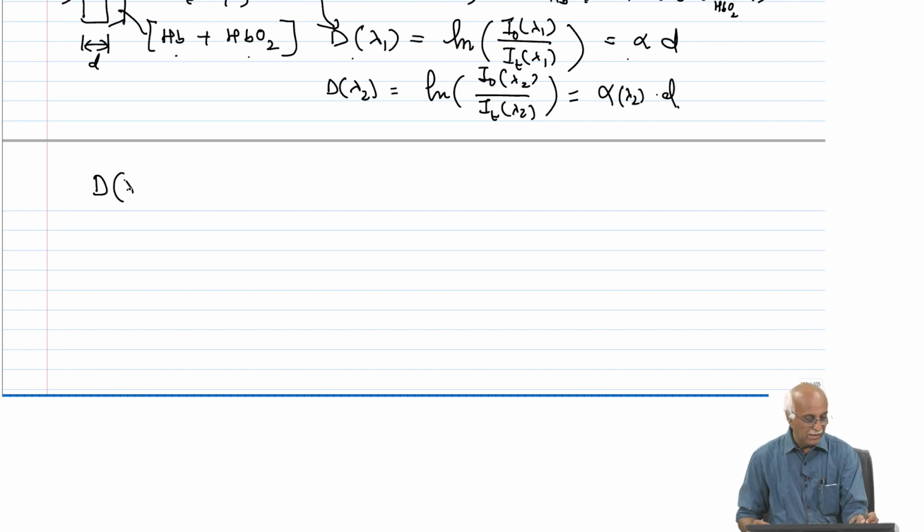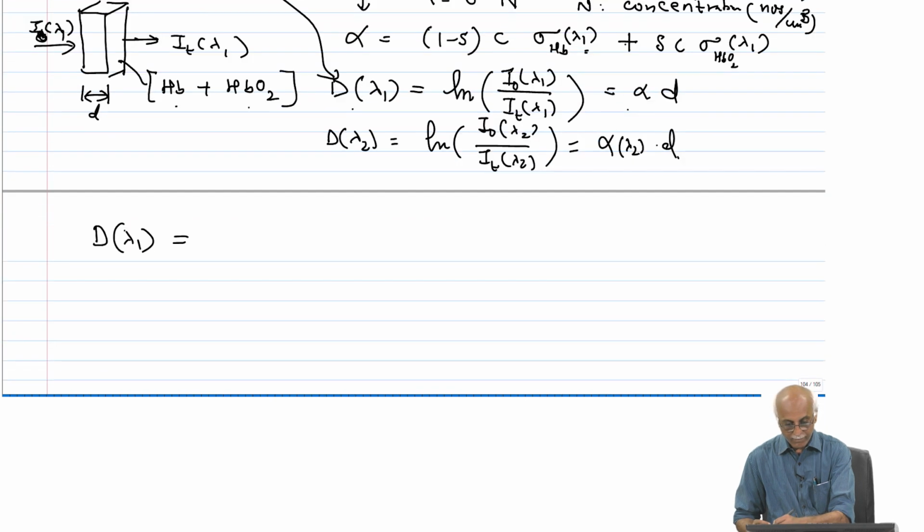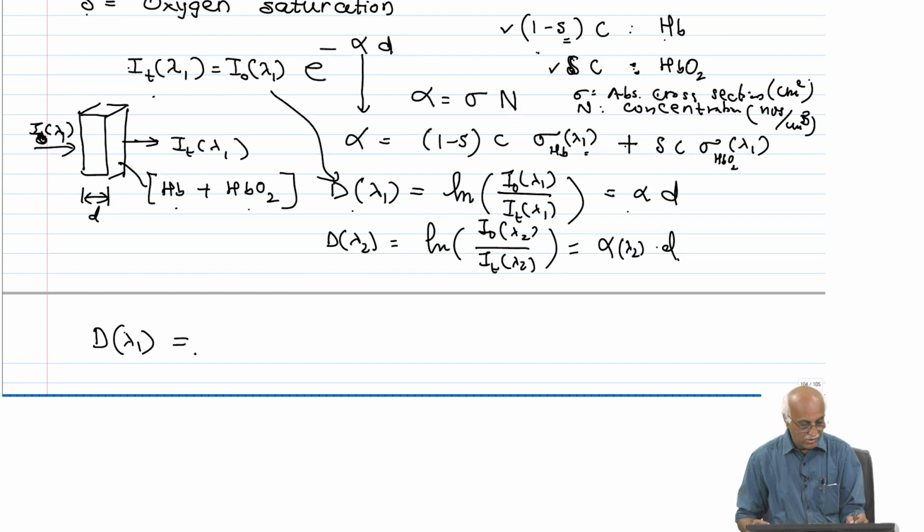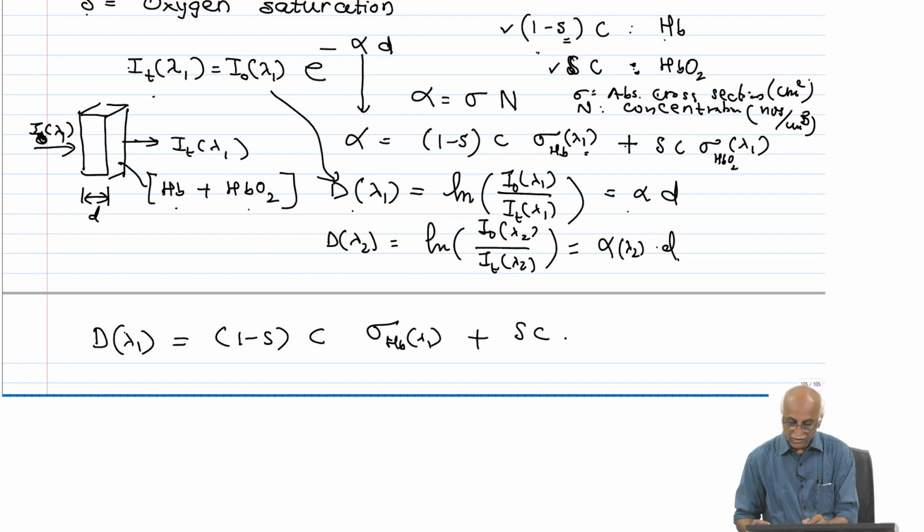So D lambda 1, as I have already described above, is 1 minus S times C sigma of hemoglobin at lambda 1 plus S times C sigma of oxyhemoglobin at lambda 1.